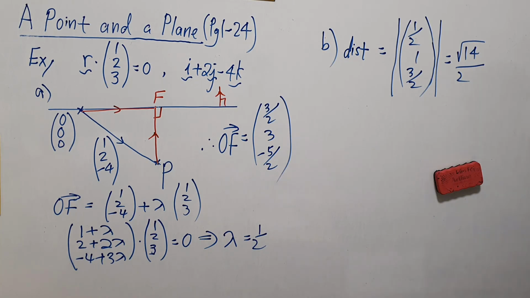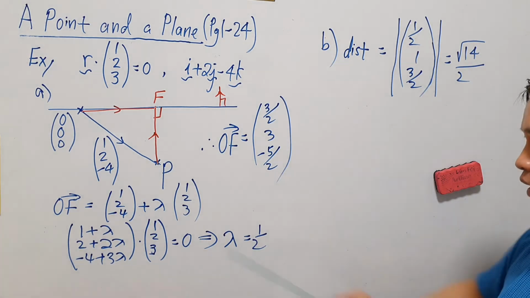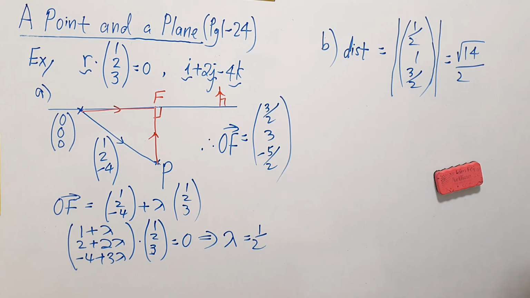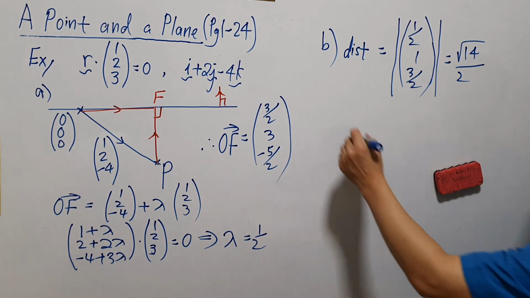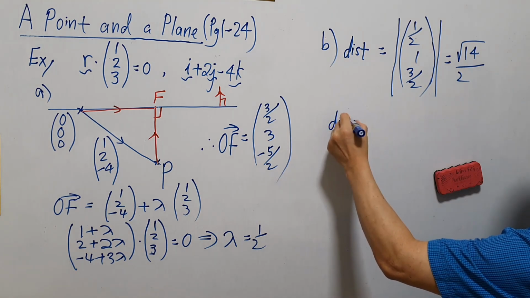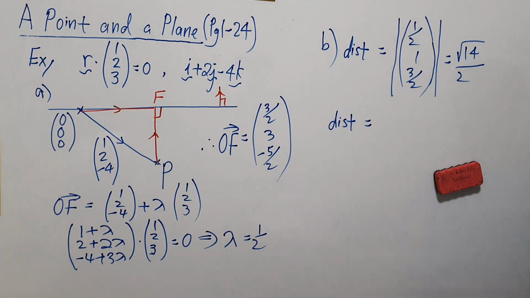However, if you have not found this point yet, and you're asked to find the distance from the point to a plane, then the earlier method that we learned, finding the distance from a point to a plane directly, is recommended. So you could have found the same distance immediately by doing what? Do you remember?